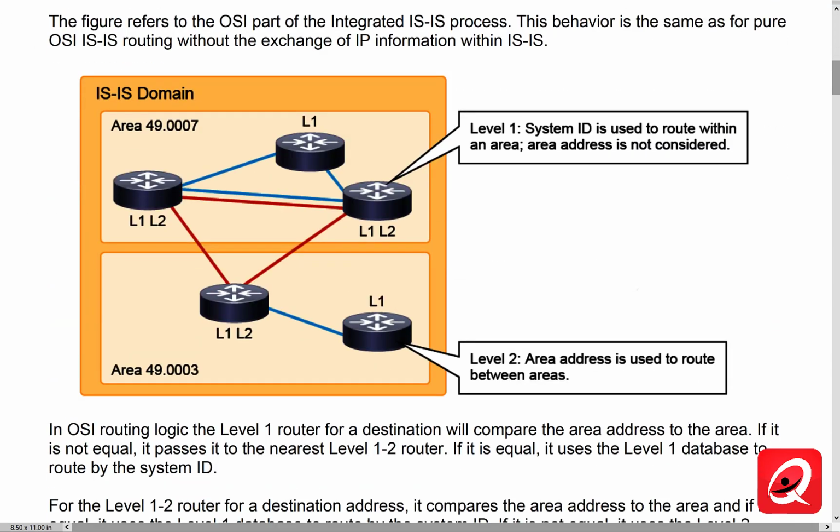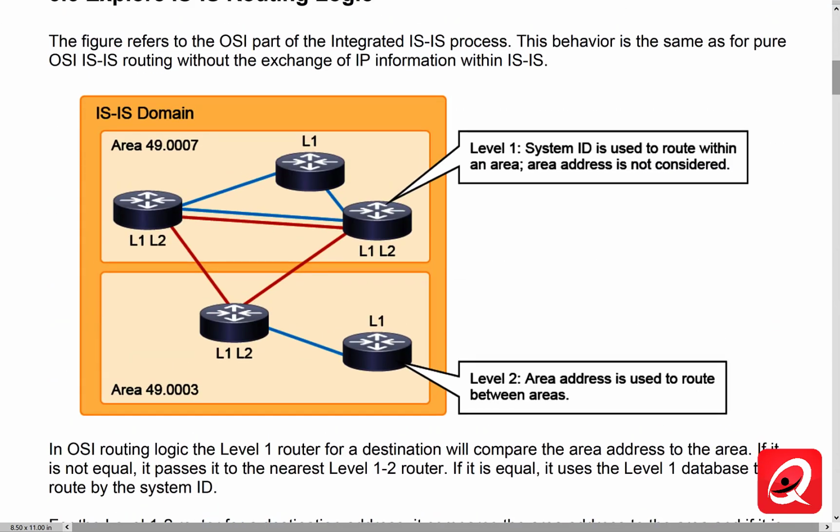So the next thing we're going to talk about is the routing logic in ISIS. The diagram here is the OSI part of the integrated ISIS process. Routing is, of course, routing, right? Being able to identify how to reach destinations. And we've already talked quite a bit about what a level 1 system is.